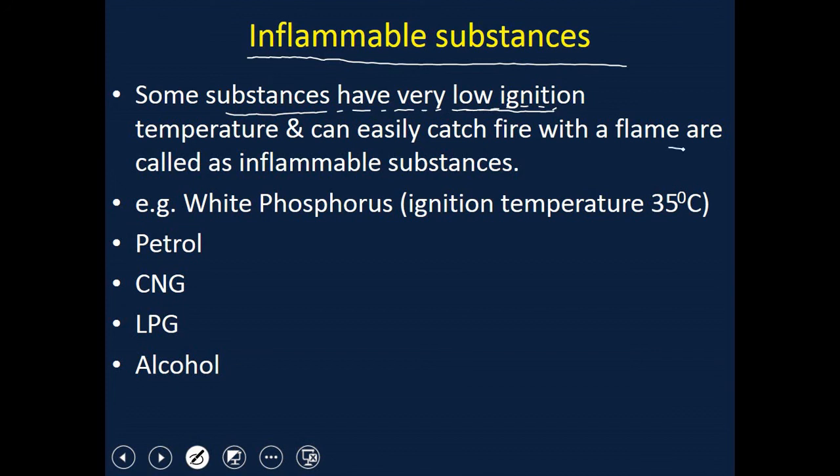So such substances are called inflammable substances. So what are inflammable substances? The substances which have very low ignition temperature and can catch fire easily are called inflammable substances. I hope this point is clear to you.